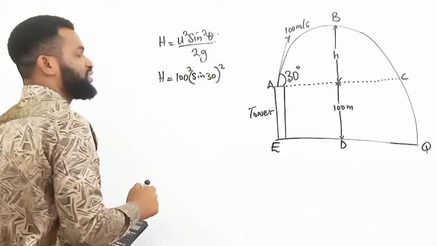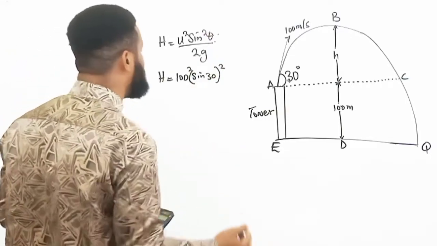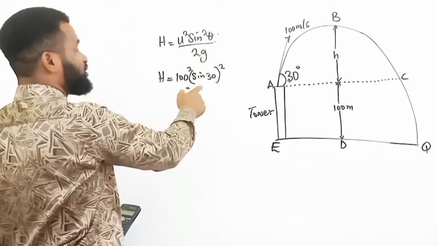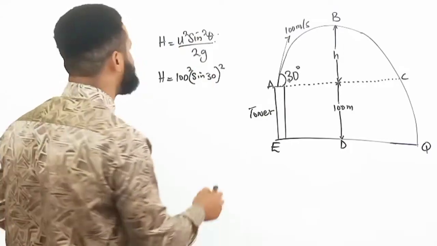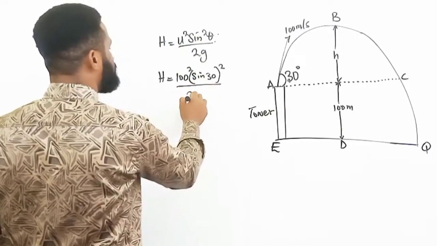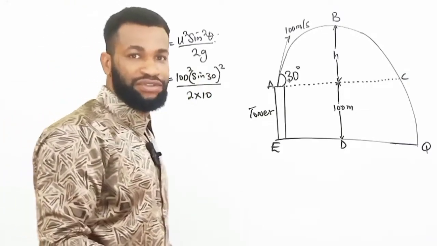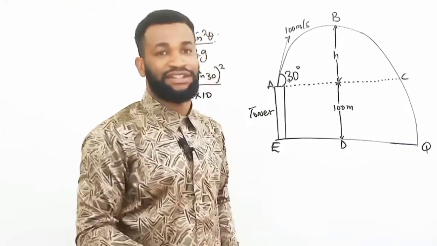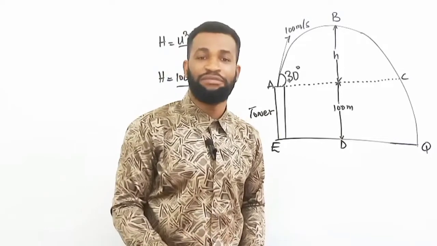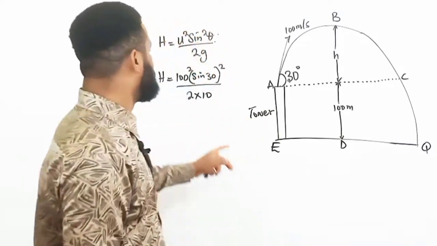That is the essence of this, because in trigonometry, the way you treat square is not the way you treat it in algebra. All over 2 times 10. G is 10. If you look at the question, they say neglecting air resistance and taking g as 10 meters per second squared. And that is why I'm using this g.